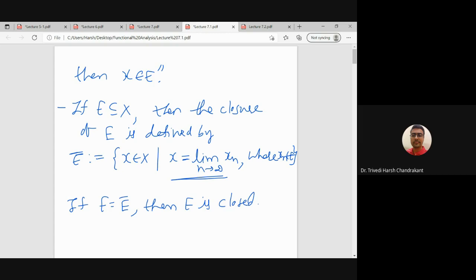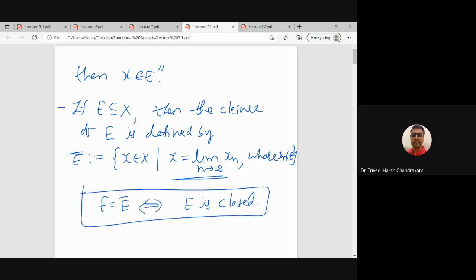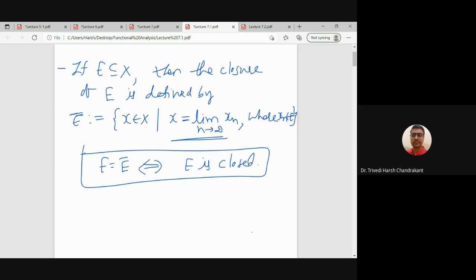Right, so this is another criterion. And the converse is also true in metric spaces, that if E is closed, then E is equal to E closure. That is also coming directly from the definition itself. So this is an if and only if characterization of the closed set in metric spaces.